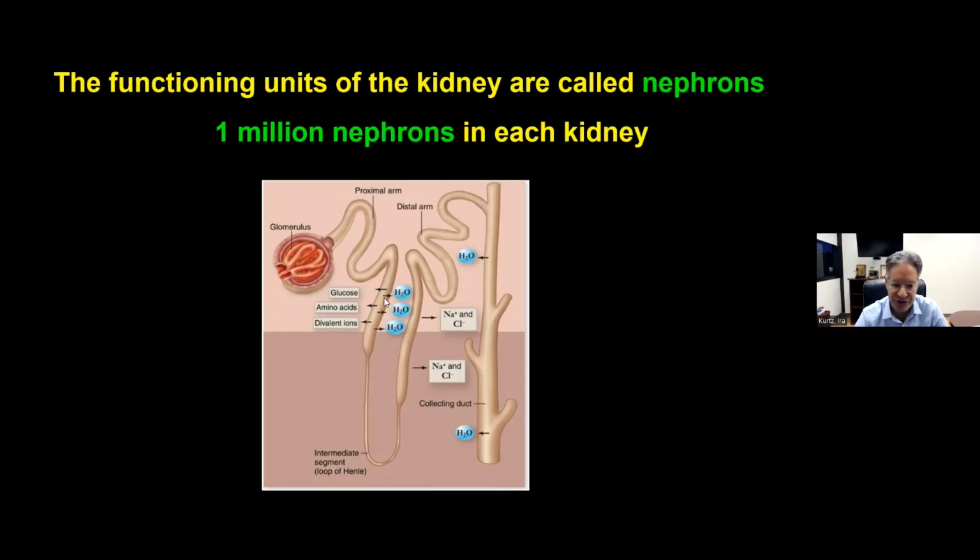So there's cells that take up sugar, there's cells that take up salt, there's cells that take up phosphorus and other things, such that the final component of the fluid in the pipe is what we call the final urine. Now, this is only one out of 1 million, so all these are actually joining up within the kidney to make the final urine. And we'll talk about the chemistry of what's in the final urine.